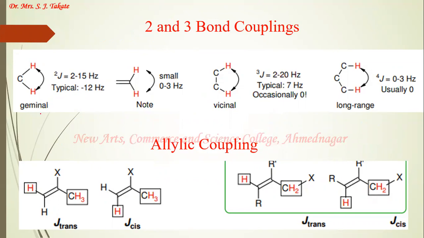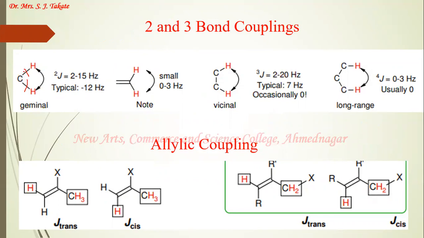Two bond coupling is also called geminal coupling. Look at this, the two hydrogens are separated by two bonds. This is the first bond and this is the second bond. So that's why this is called two bond coupling. This is also an example of two bond coupling or geminal coupling.